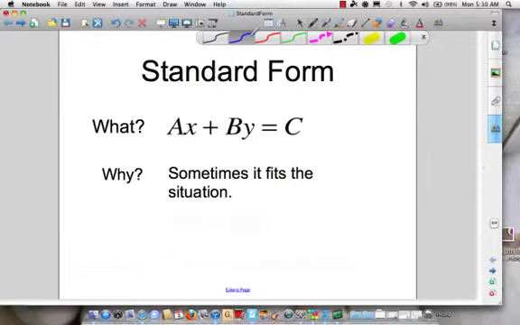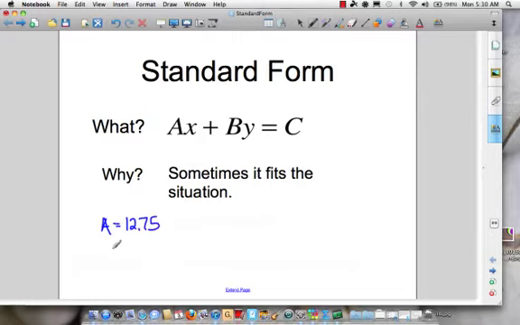Suppose I told you that the adult price was $12.75 and the child's price was $6.75. And then I also told you that the total revenue collected on a certain day was $376. Then you could write an equation.